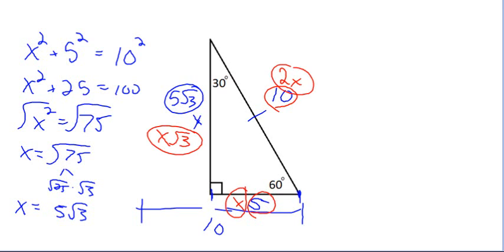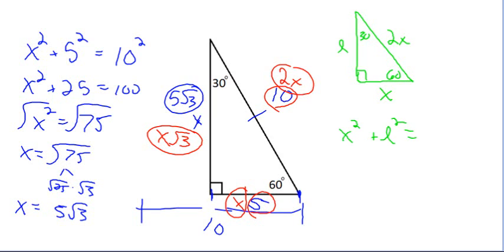Let's actually try this and show it using the Pythagorean theorem. If I didn't know that this was the square root of 3 times the short side, if I had a 30, 60, 90 triangle and I knew the short leg was x, the hypotenuse would be twice as long. We can use the Pythagorean theorem here to figure out what this longer leg is. I'll call it L temporarily. Well, x squared plus L squared is going to equal 2x, the quantity squared.